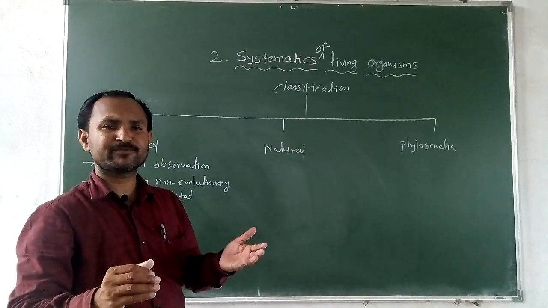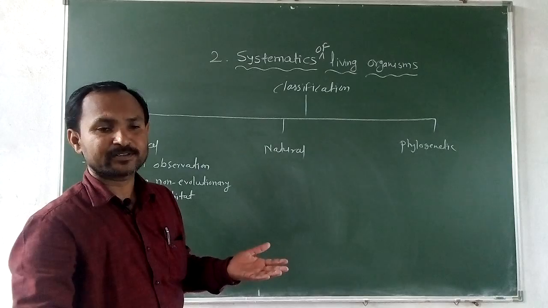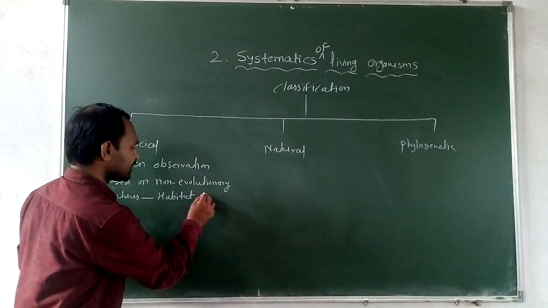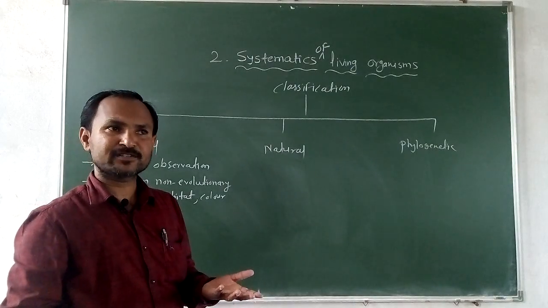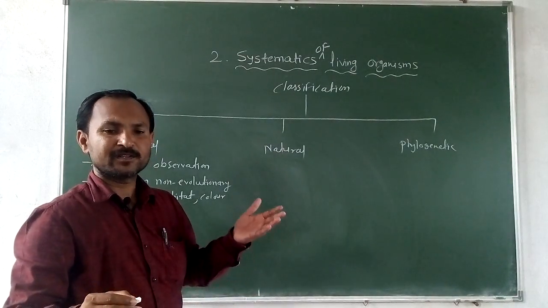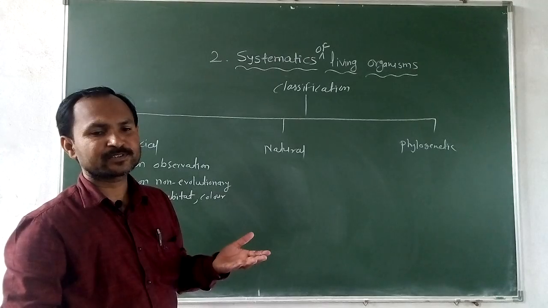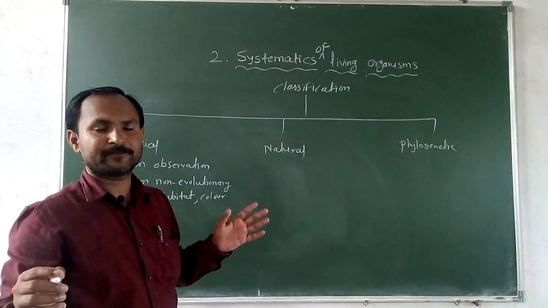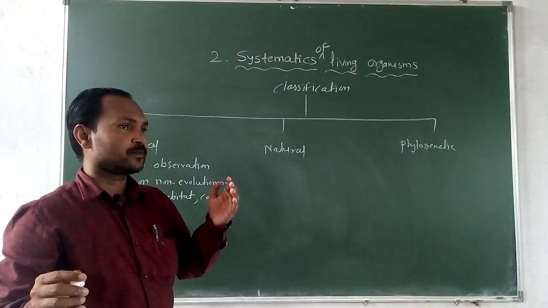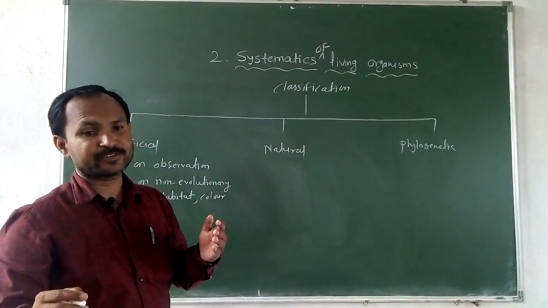If different habitat, we can easily make another group. Then color of organisms, different organisms having different colors, so we can classify them, and forms of those organisms. But this classification is very irrespective, means it cannot classify the organisms properly.